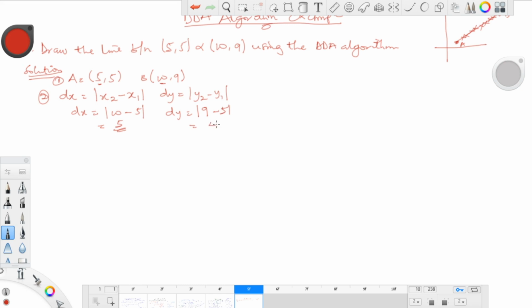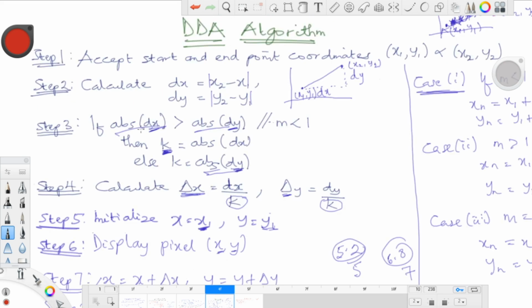which will give us 4. Now the next step, step 3, says that when we have the calculation of dx and dy, we should check whether the absolute value of dx is greater than dy. If it is, then we represent k by dx. If not, then we represent k by dy.